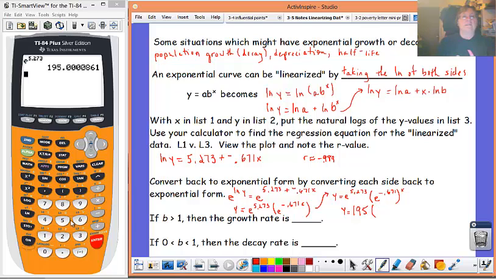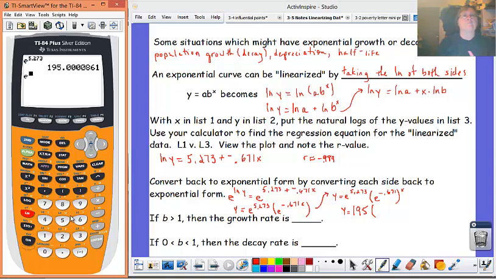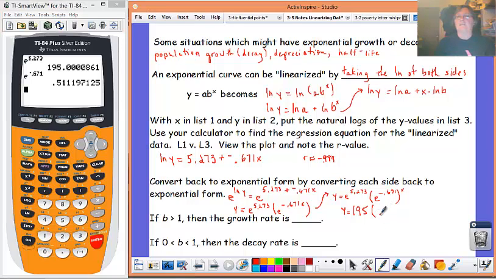E raised to the negative 6.71, and that evaluates to about 0.511 all to the x.